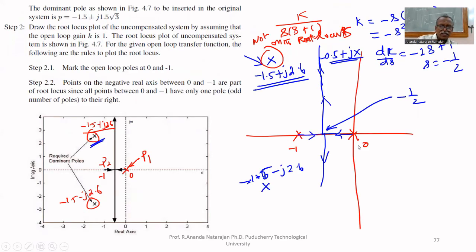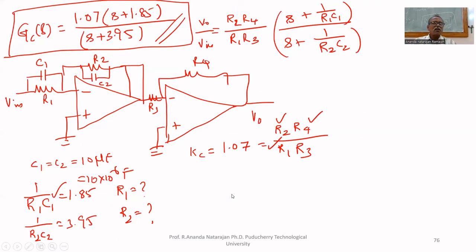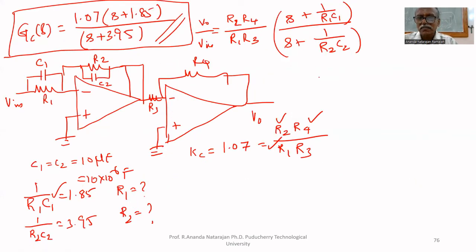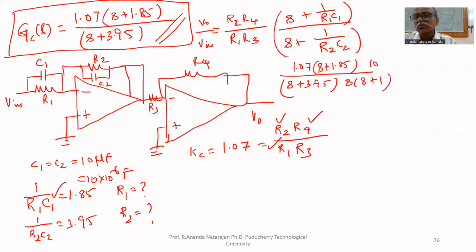Let us check whether the root locus is modified or not. Now, what is the compensated system? The compensated system is 1.07 multiplied by S plus 1.85, whole divided by S plus 3.95, multiplied by 10 S multiplied by S plus 1.